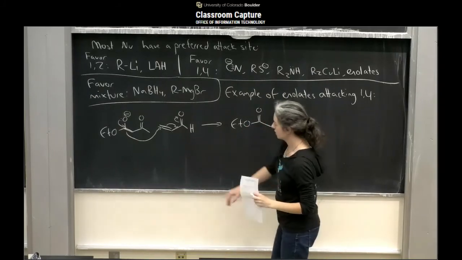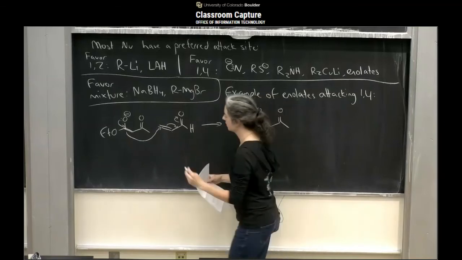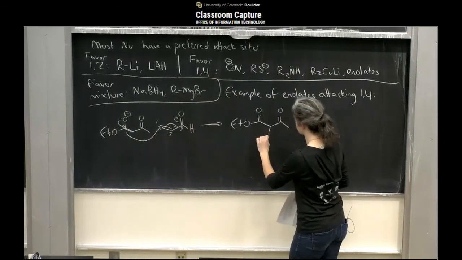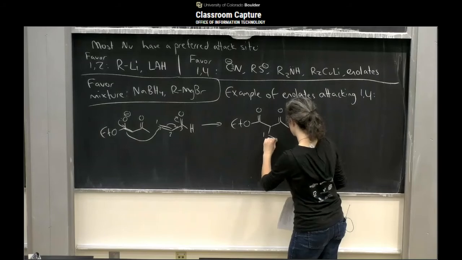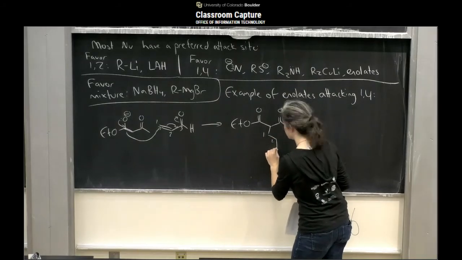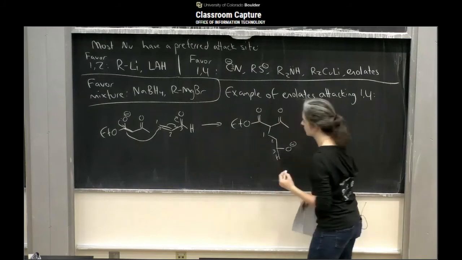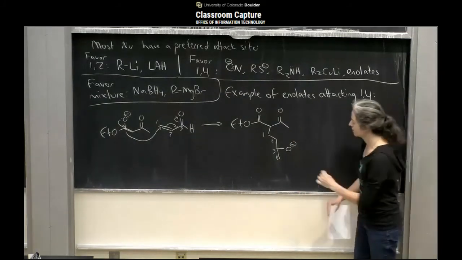Okay, numbering here might be helpful just to keep track. 1, 2, 3 carbons. So I'm going to form a new bond to carbons 1, 2, 3. Carbon 3 has my O minus and an H. I now have a double bond between 2 and 3.